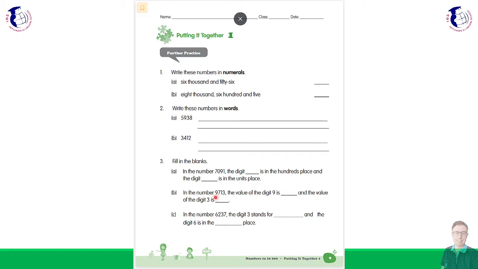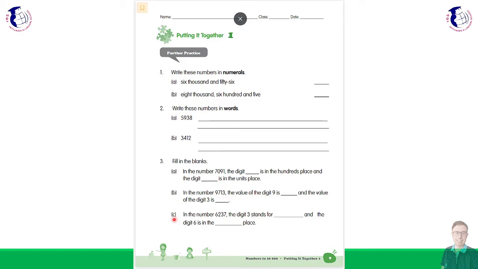B, in the number 9,713, the value of the digit 9 is something. Look where the 9 is, and depending on the place value, you may have to write some zeros to the right of it to make up the value. And then the value of the digit 3 is, and write that there.